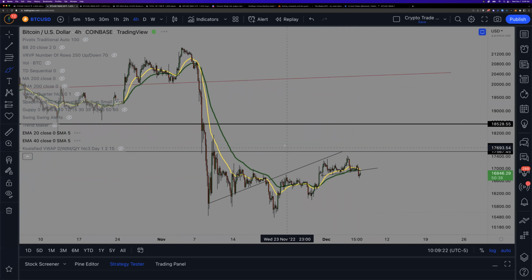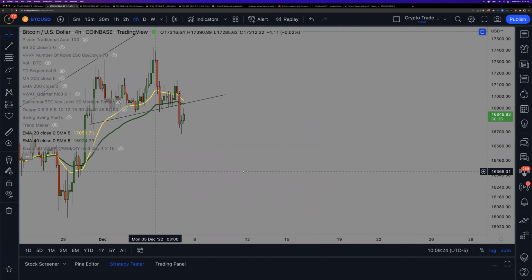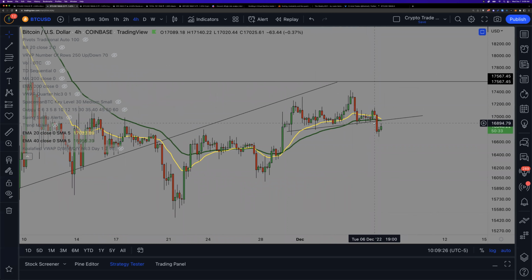Okay, well, what if we dig into 4-hour? Well, 4-hour, it's getting a little bit murky now. The 20 and 40 EMAs are also tightening here. So in this particular area, technically anything can happen, okay? Maybe price, once again, reclaims this SR level, this diagonal support line.